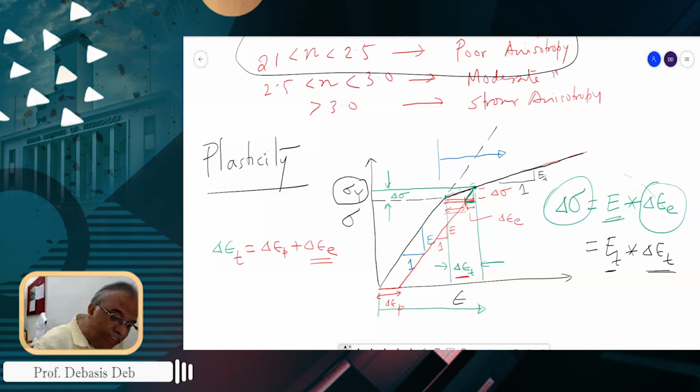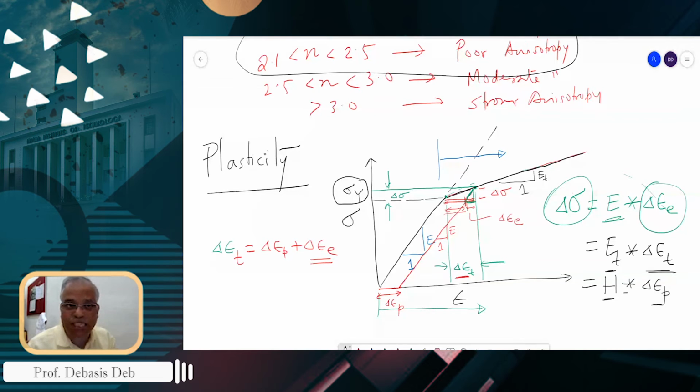Now this hypothetically, remember that, I can also write a parameter called H multiplied by delta epsilon P. Although I told you that change of stress occurs due to elastic strain change, here I am writing a parameter H multiplied by this.